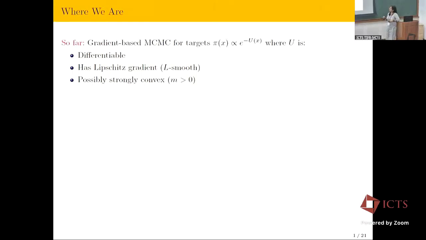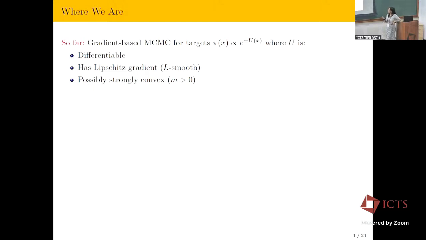And so far, we've had gradient-based MCMC algorithms for target densities pi of x proportional to e to the power minus U of x, where U we've assumed to have some properties. The first property we've assumed is that U is differentiable, because we have employed derivatives, right?